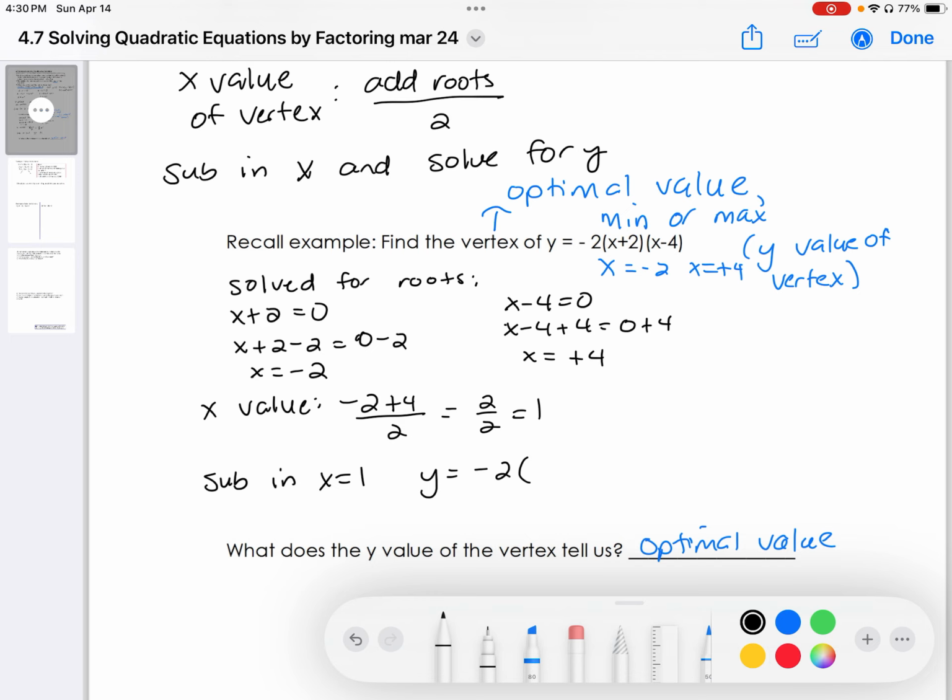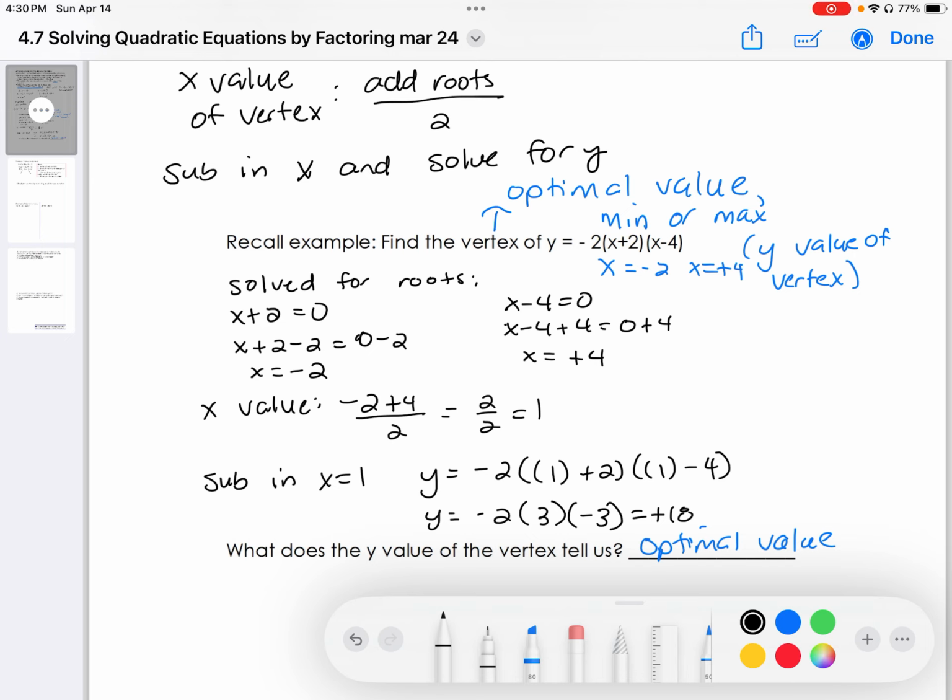And then wherever you see an x, you're going to put a 1 and decide for yourself how many steps you need to take. So 1 plus 2 is 3, 1 minus 4 is negative 3, and now we have negative 2 times positive 3 becomes negative 6. Negative 6 times negative 3 is positive 18.